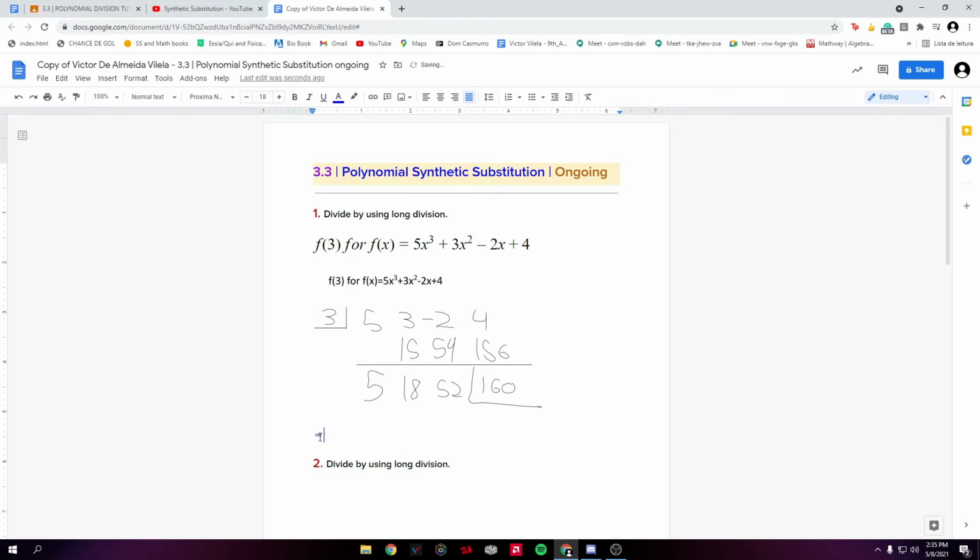Sorry, yeah, we could just add it here. So we could do f of 3 equals 160, right? And how do we check this? Is there another way that we could check this? Yes, there is. So we could actually copy this.